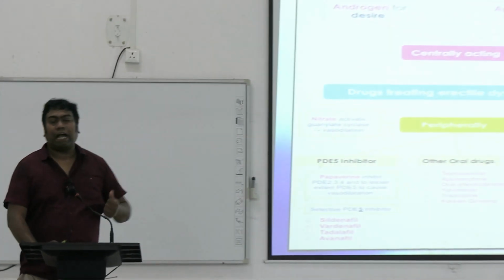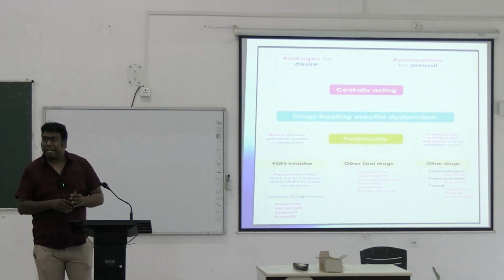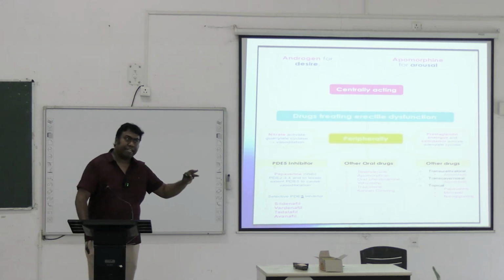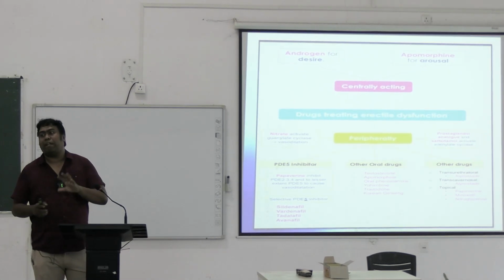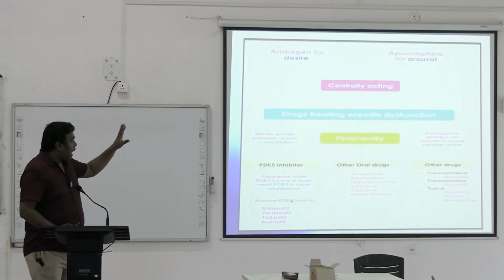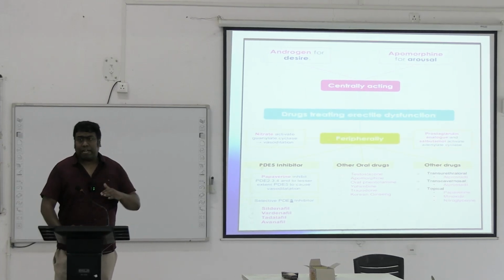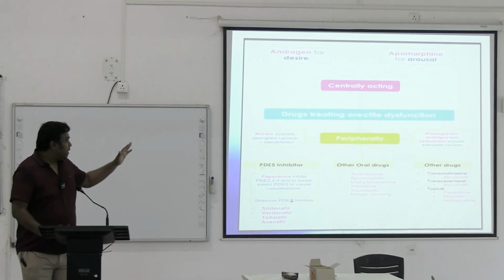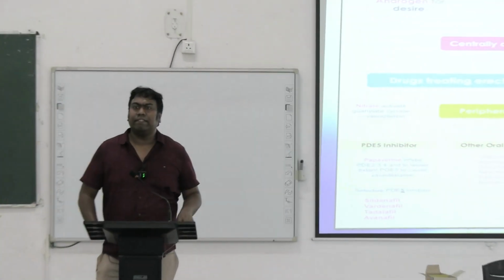And nitrates are also helpful. So what commonly comes as a short note, drugs used for erectile dysfunction? We can differentiate them into two portions, one acting centrally, one acting peripherally. Centrally acting, androgen for desire and apomorphine for arousal, whereas peripherally it can be nitrates. Nitrates, where are they primarily used? Angina. How do they act?